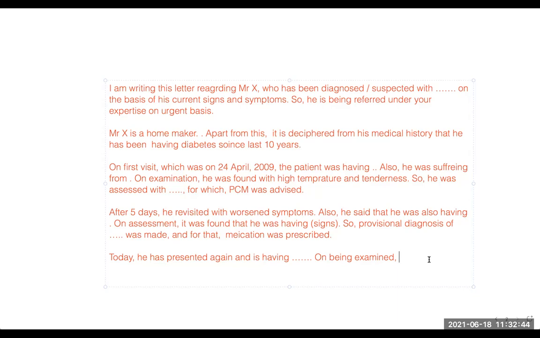Continuous means I'm talking about the present. On being examined, he has been found with. So was becomes has been. Was is converted into has been in the present. Was has been, third form. That is what we did in the start as well. This was present, so this again is now present. In the past visits, there can be nothing present. So on being examined, he has been found with today's signs.